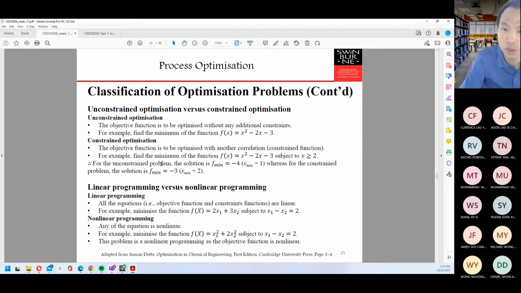Constrained optimizations, unconstrained solutions will be, meaning we don't have another set of equations again to constrain this particular function. And then we also have linear programming versus non-linear programming. In linear programming, everything will be in the linear form. In non-linear programming, we have something that is not linear.